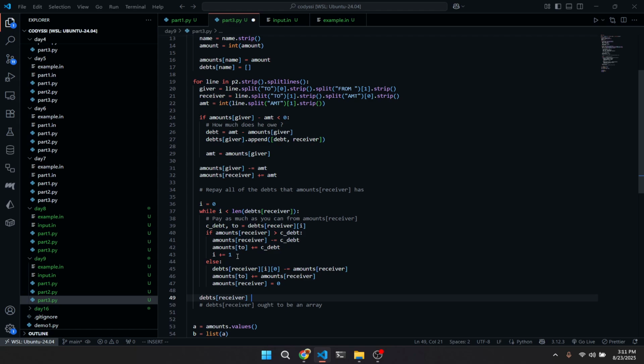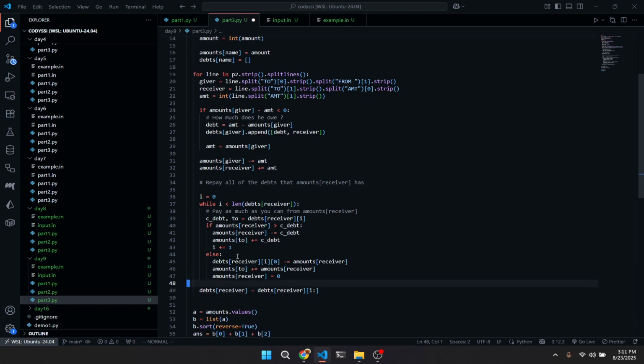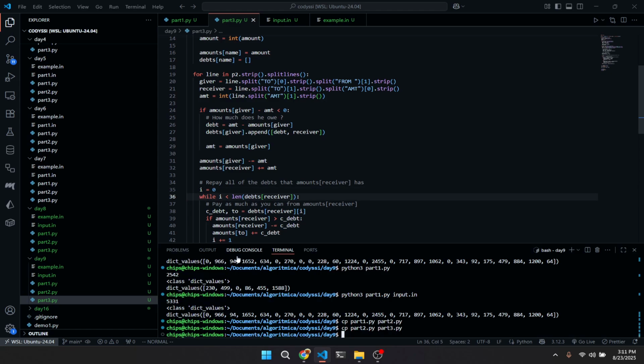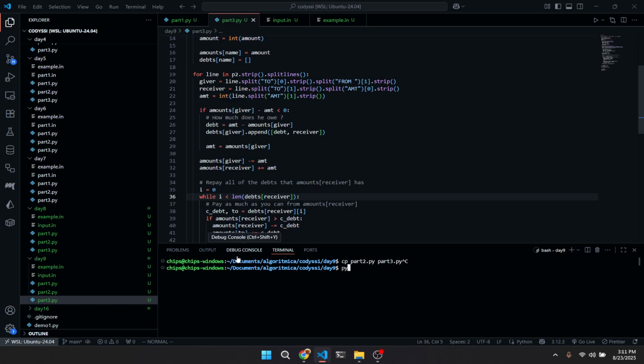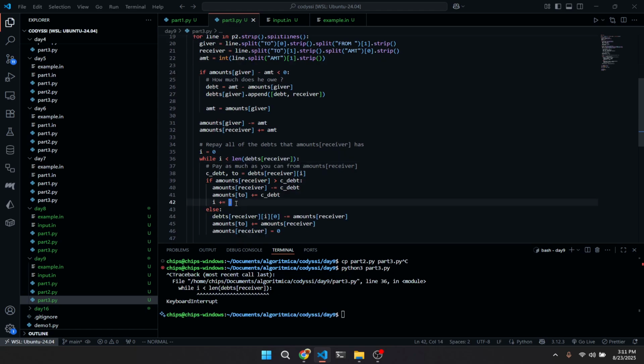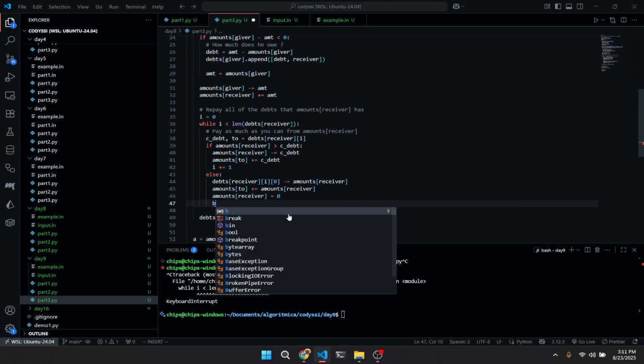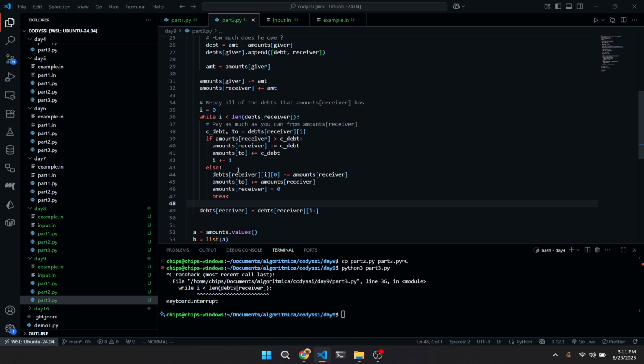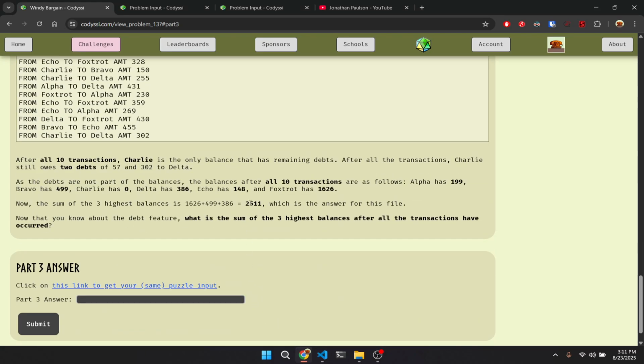So this one should be debts at the receiver go forward from I. And this is breaking, I guess, because if you can't, so you essentially tried to pay, so you paid as much as you can, and then you broke out of the loop. Two, 4, 4, 1, which is just not true.